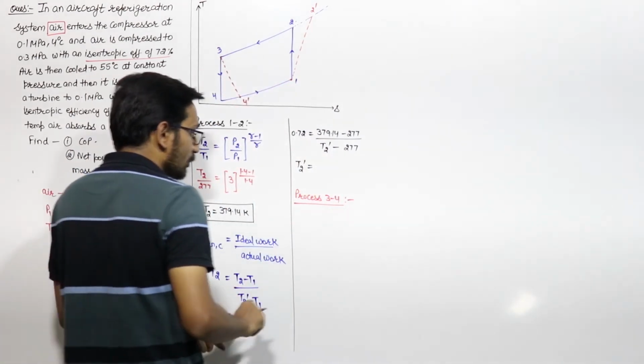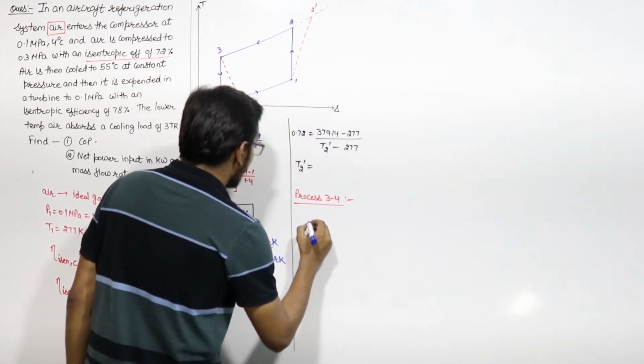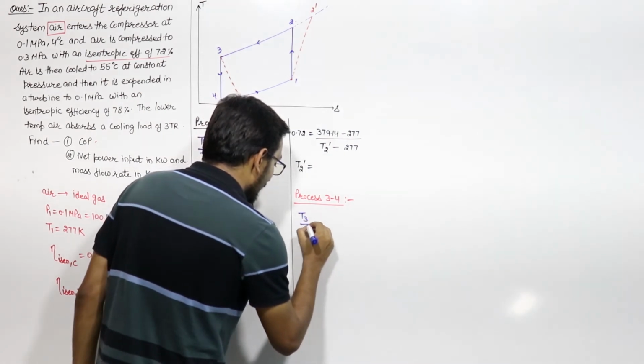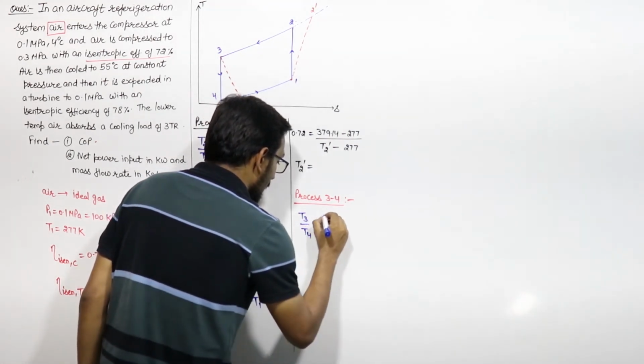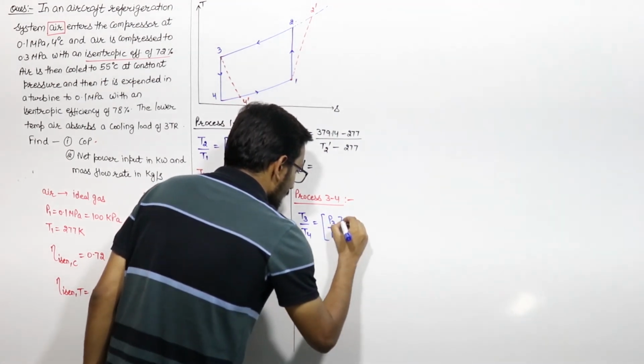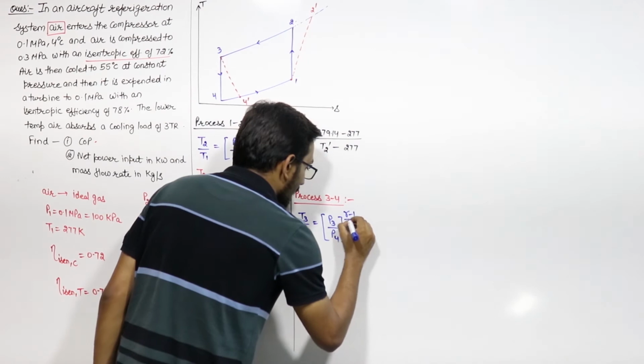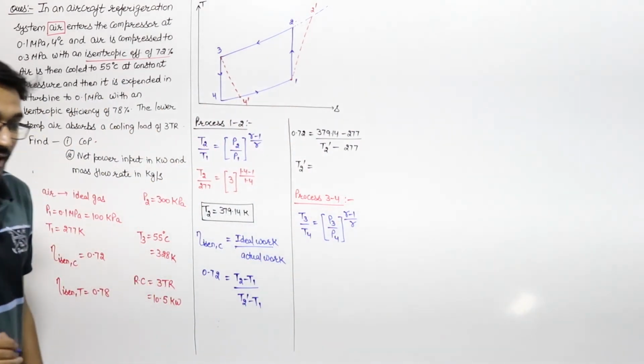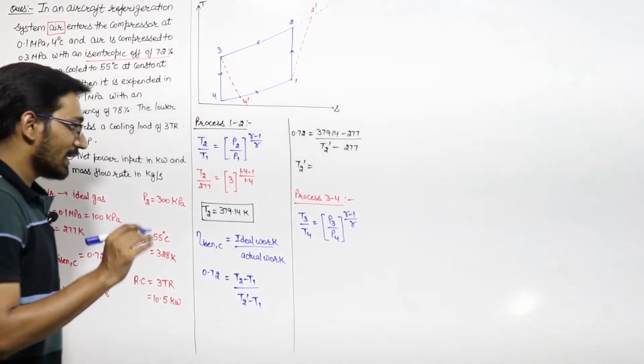For the process 3 to 4, what can we write? We can write T3 by T4 is equal to P3 by P4 raised to power gamma minus 1 upon gamma, right? Gamma is not given, so we will take 1.4.